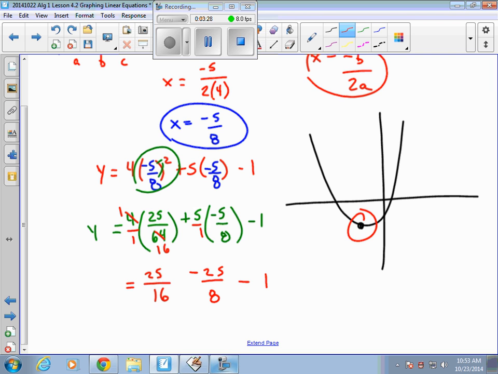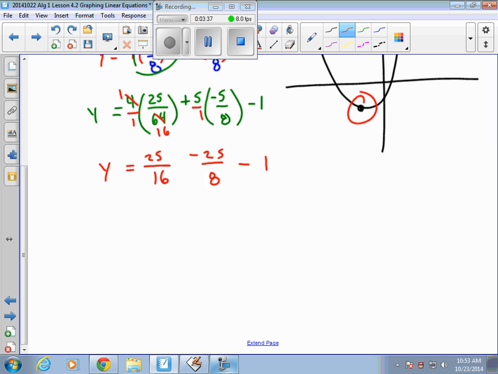Again, all of this is still equal to y. Now we need a least common denominator, something that we can get rid of by. Remember, the 1 will be over 1. You have to make them all have the same common denominator. They're all going to go into the number 16. So you convert your fractions so that 16 is the bottom of all of them.